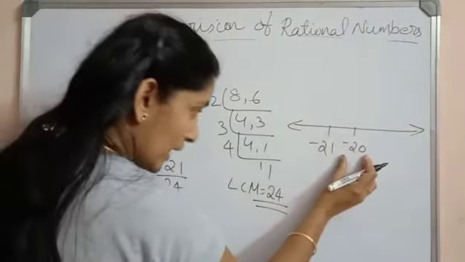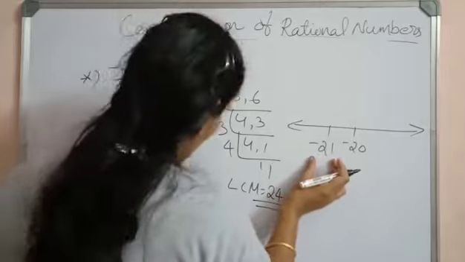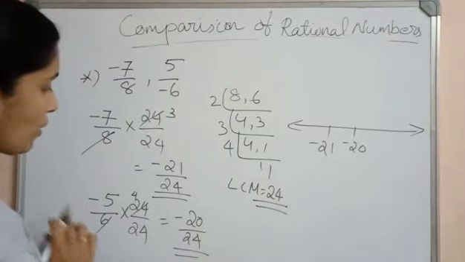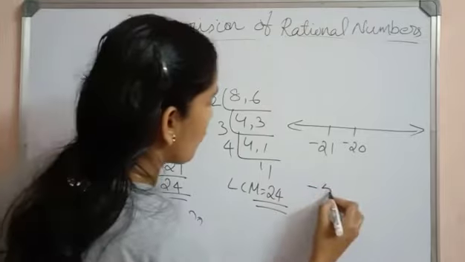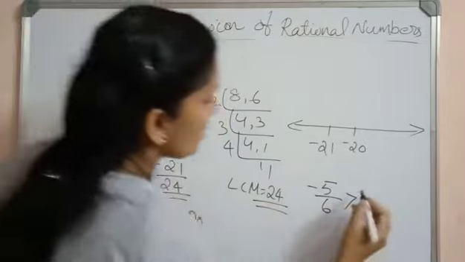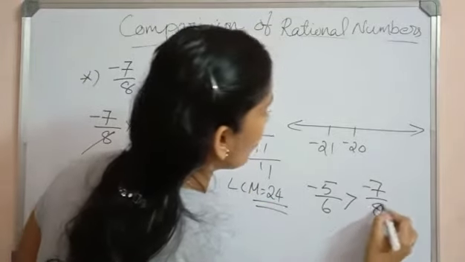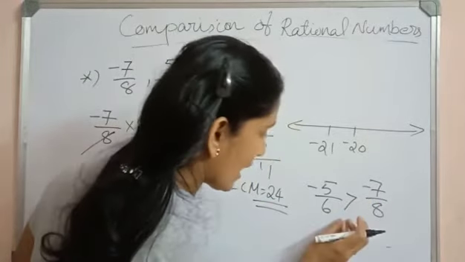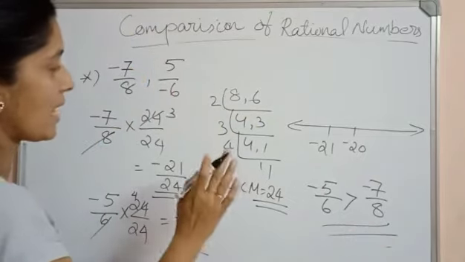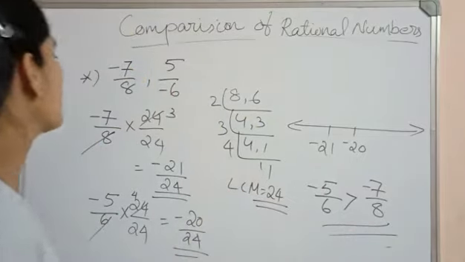So minus 20 is greater than minus 21. We can say that 5 by minus 6, or minus 5 by 6, is greater than minus 7 by 8, or minus 7 by 8 is less than minus 5 by 6. This is how we can compare rational numbers by using the LCM method.